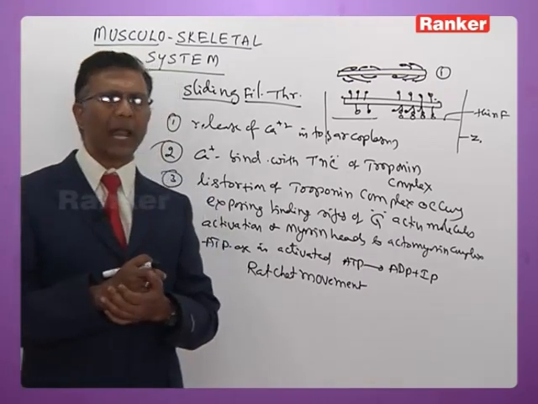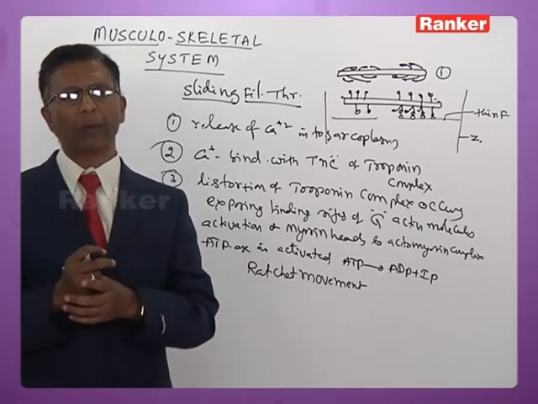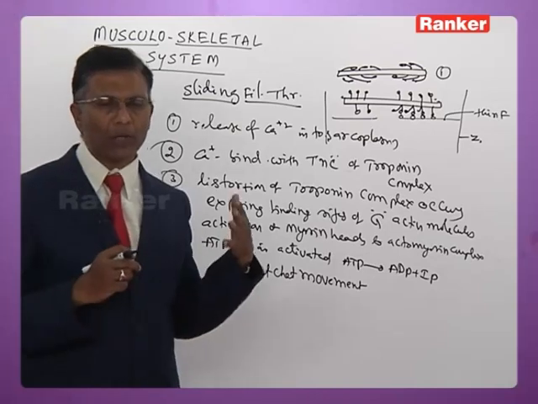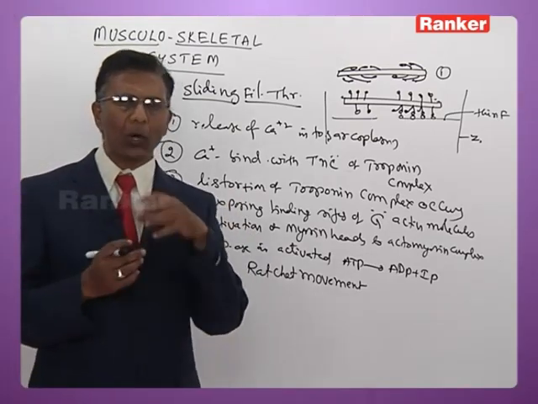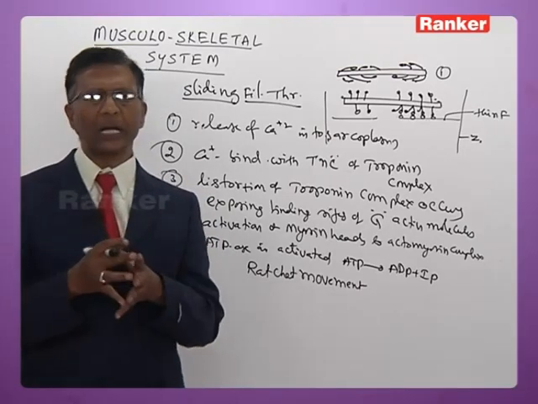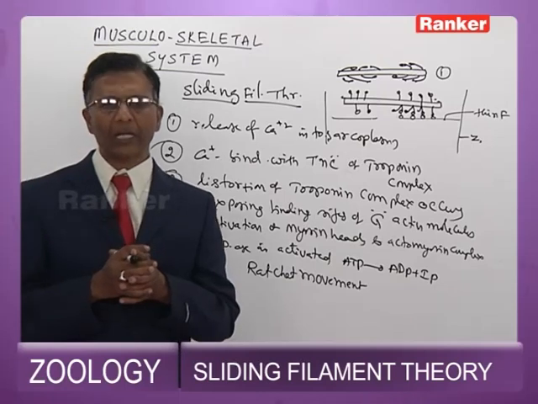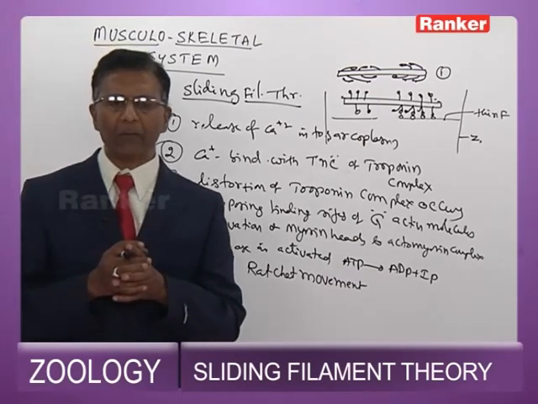In the absence of calcium ions, the troponin complex restores its normal position, concealing the binding sites of G-actin. Tropomyosin also extends into the groove of the two F-actin strands. Consequently, the myosin heads will no longer interact with the G-actin molecules.